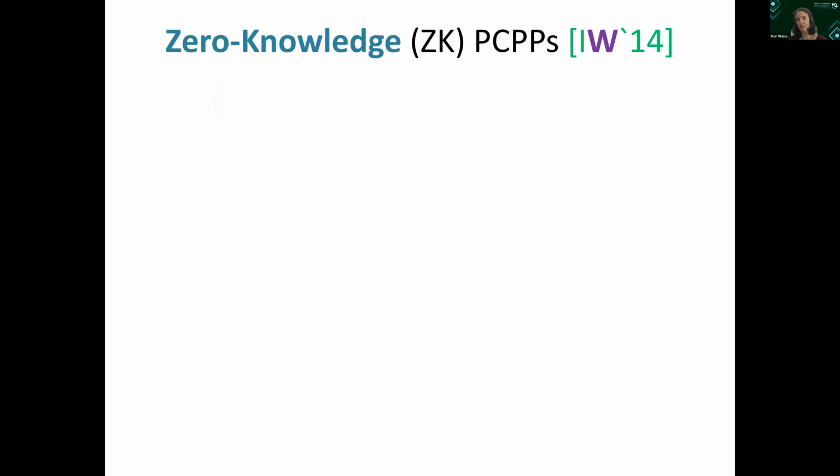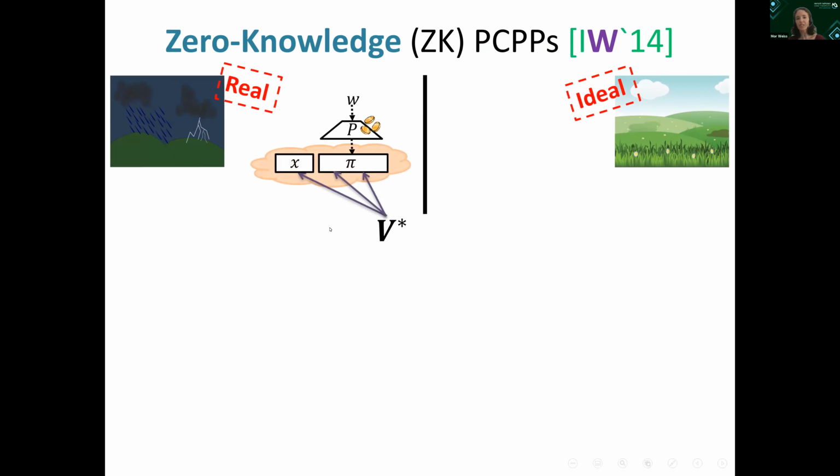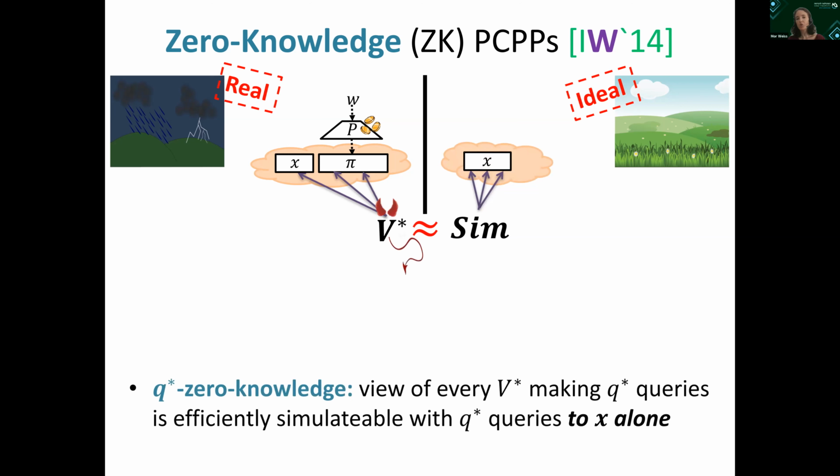And the notion of zero-knowledge PCPPs is similar to the notion of zero-knowledge PCPs. The only difference is that now the verifier doesn't have the input. It only has oracle access to it, and so does the simulator. So now the view of any verifier making Q-star queries to the input and the proof is simulatable with just Q-star queries to the input.